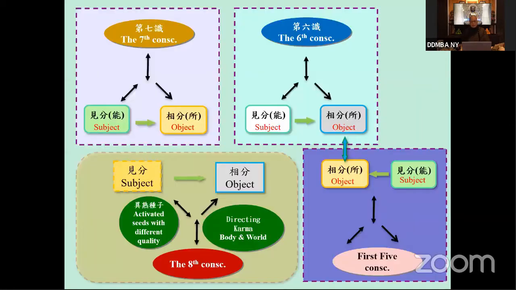Okay, here, I put all the eight consciousnesses. There is a very complicated interconnection of the eight consciousnesses. And remember, these eight consciousnesses are one mind, not the mind divided into eight parts. It just has different functions, different aspects of the function of the mind.